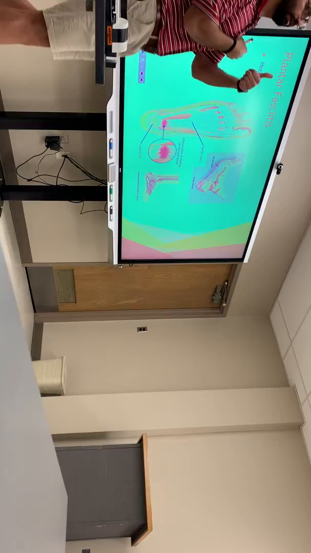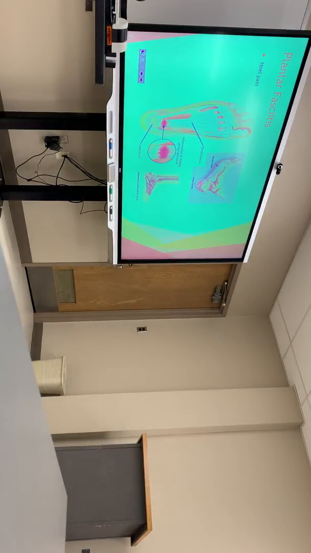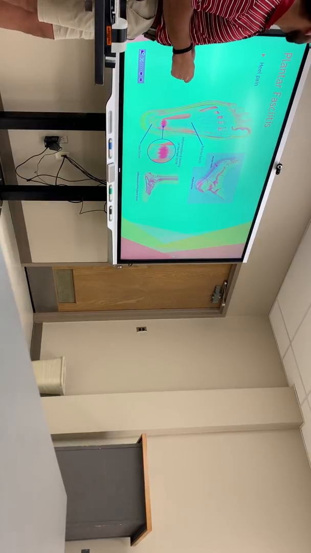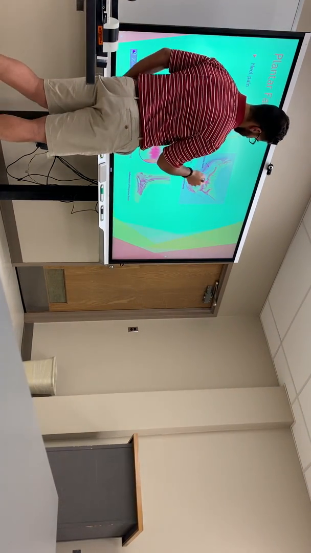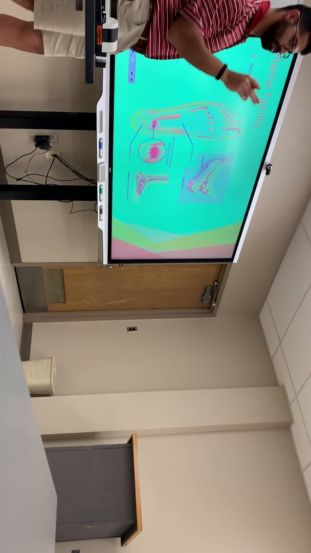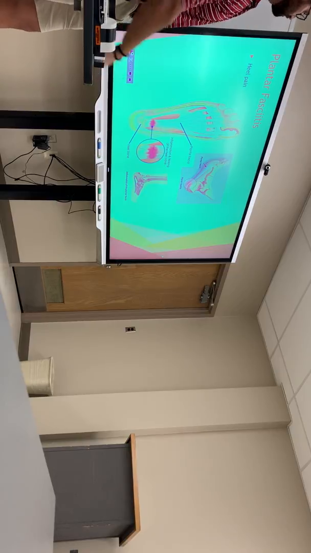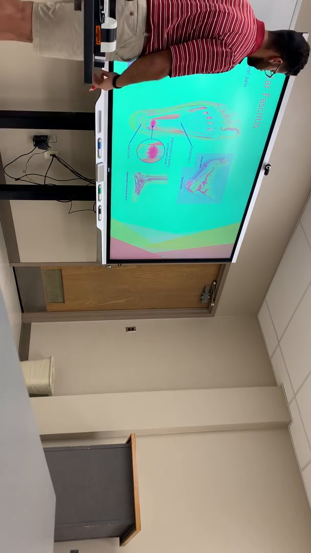What is the heel pain? Plantar fasciitis is the heel pain that results from inflammation because of overuse, bad shoes, heels, running too much on hard surfaces, being on your feet too much.